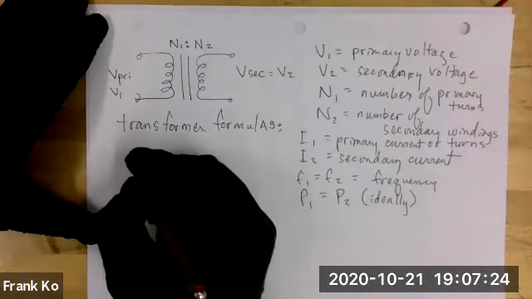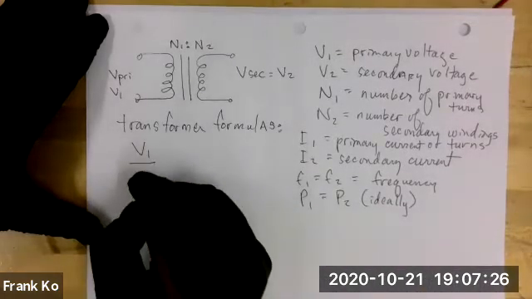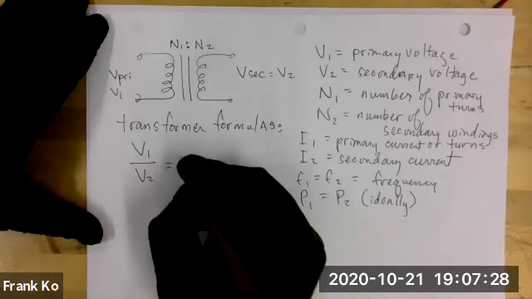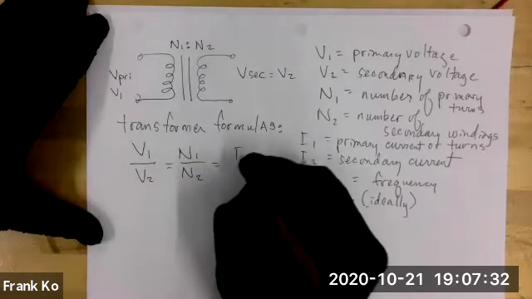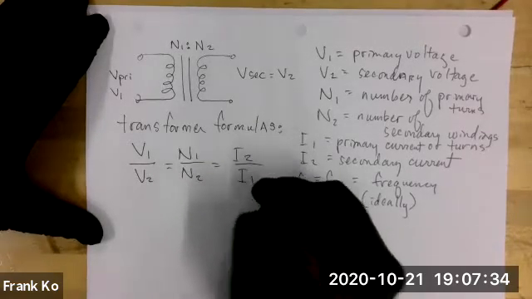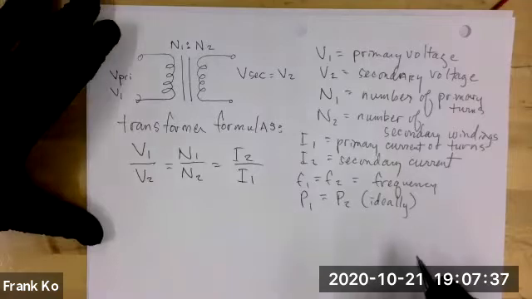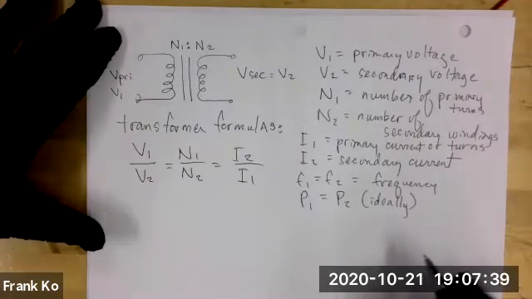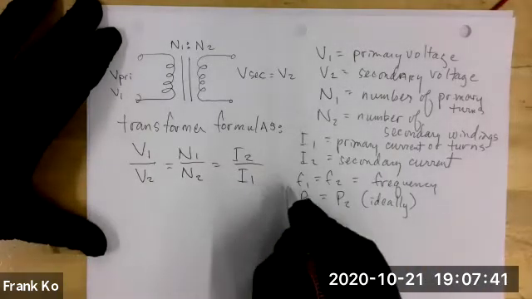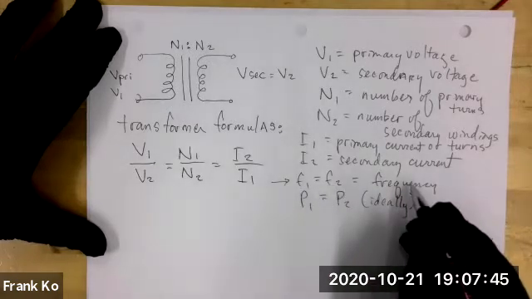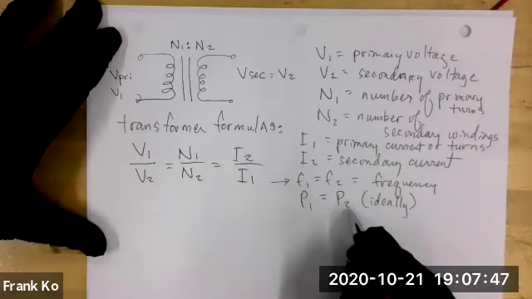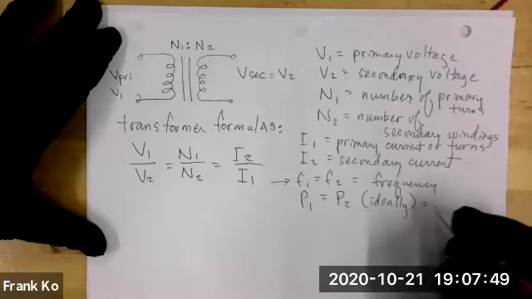So there is a formula, your transformer formulas. Your V1 over V2 is equal to N1 over N2, which is equal to I2 over I1. And we already stated here, F1 equals F2 equals frequency, P1 equals P2, ideally is equal to power.